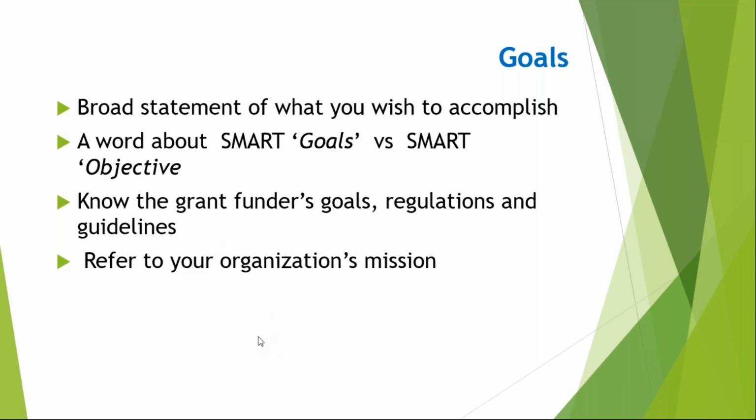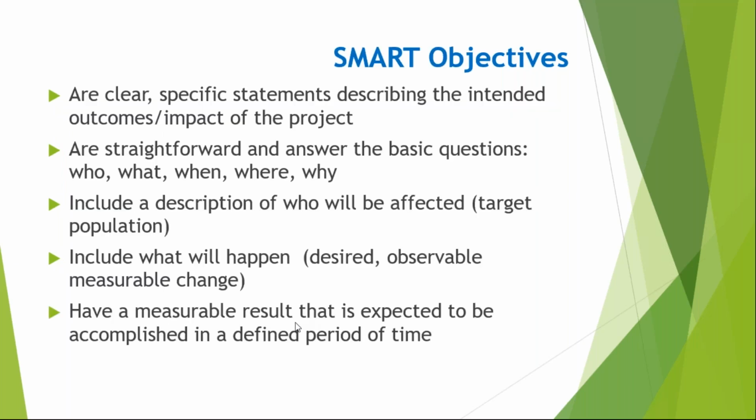So it's a tall order for us to keep in mind when we're writing goals and objectives. Always refer back to your mission. This all needs to be in line. Sometimes we'll see goals that are completely outside the scope of an agency's mission. So always refer to your agency's mission when you're looking at what these grants will pay for.